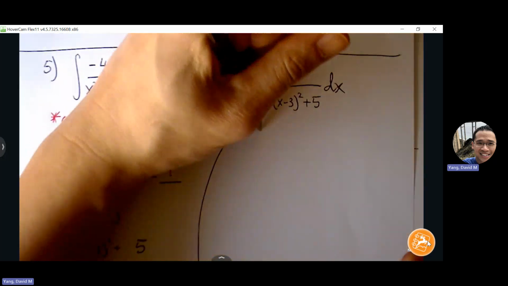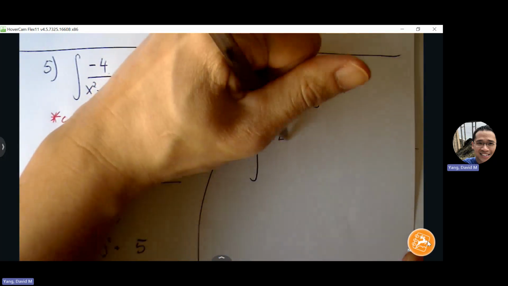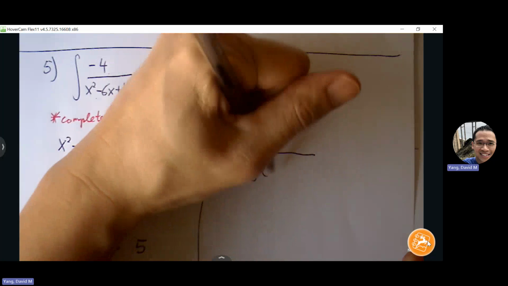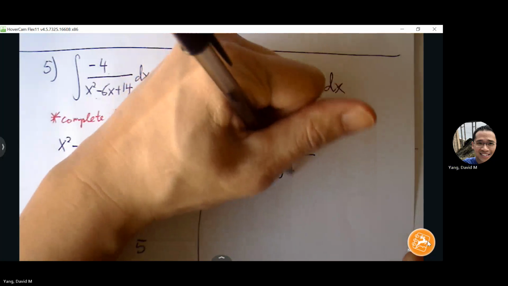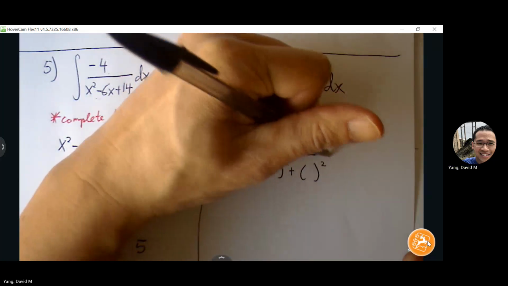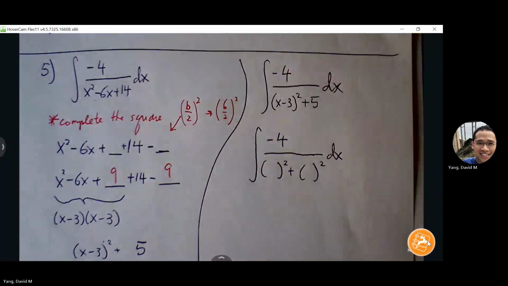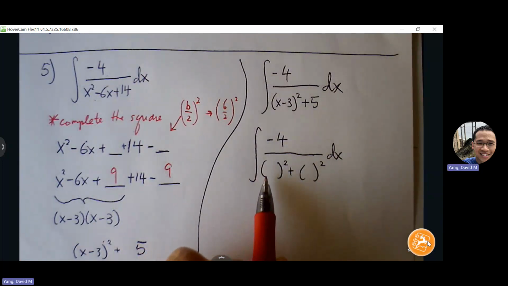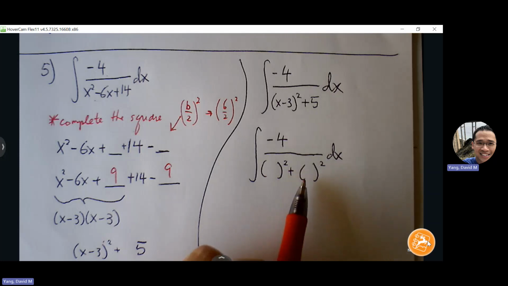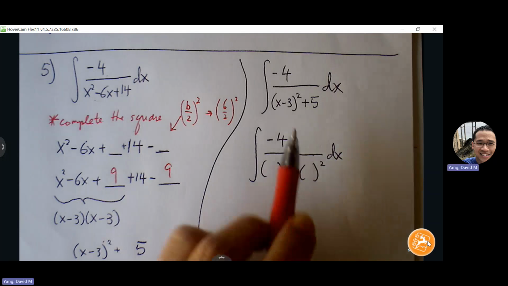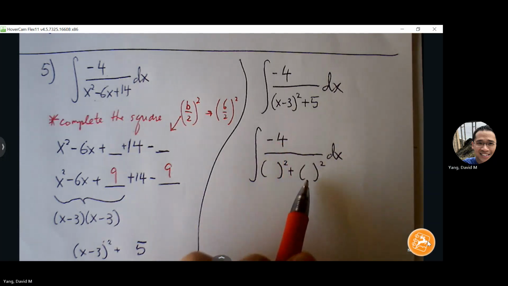So let's get both sets of parentheses to show up in the denominator so that we're pulling the correct a and u value. Any changes here? That's just going to be what? X minus 3. And then what's going to be here? What's squared will be equal to 5? Root 5. Okay.